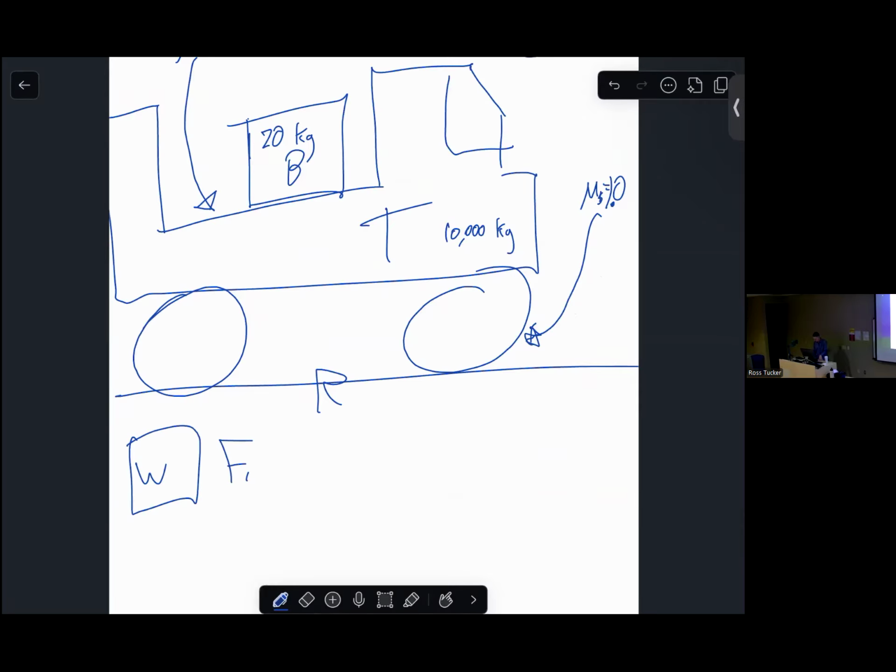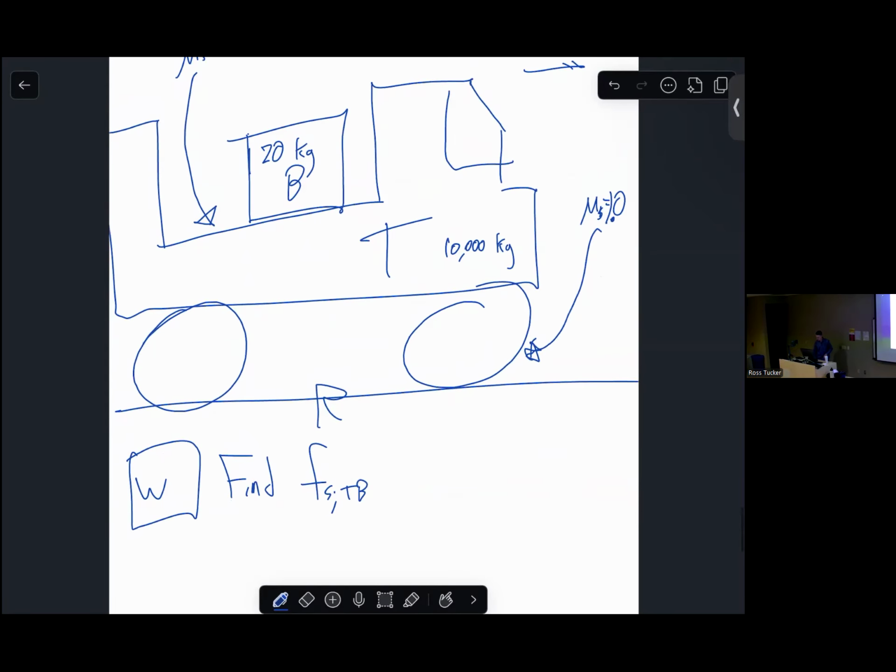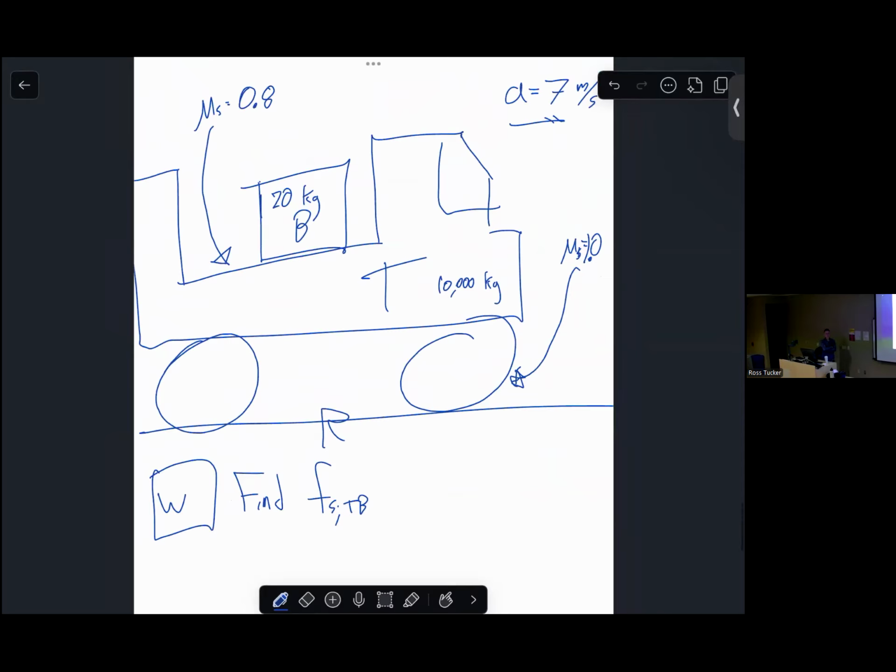Find static friction of truck on box. Hint: everything we've been doing has been leading up to this point.